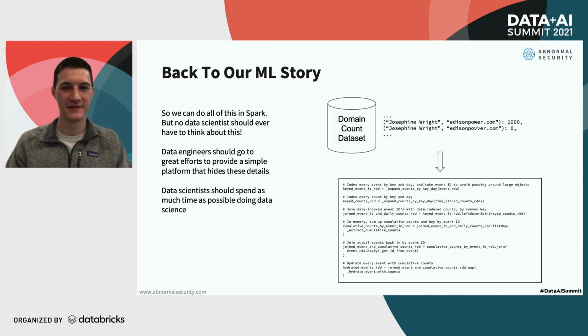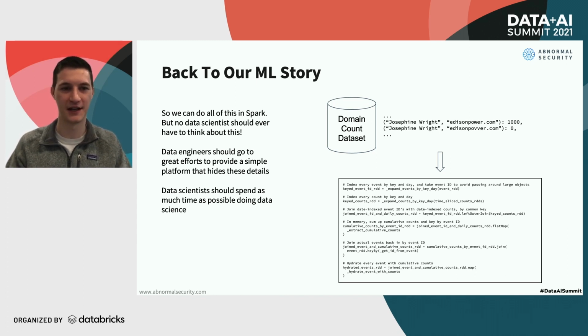If we go back to the reason we're doing all of this in the first place, it was to enable our data scientists to iterate on new features really quickly, make sure they're catching novel kinds of attacks, and also not degrading the performance of our system on all of our prior known attacks. If this is the story that we are asking our data scientists to go through every time they want to add a new feature, it's really going to hinder that speed of iteration.